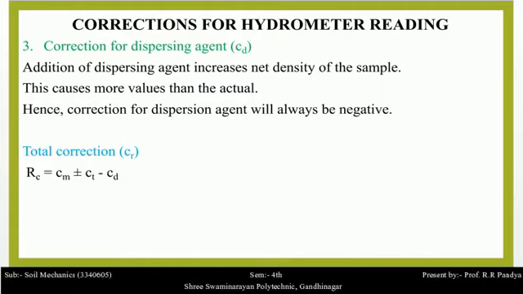The total correction is given by Rc = Cm ± Ct − Cd, where Cm is correction for meniscus, Ct is correction for temperature, and Cd is the correction for dispersing agent.